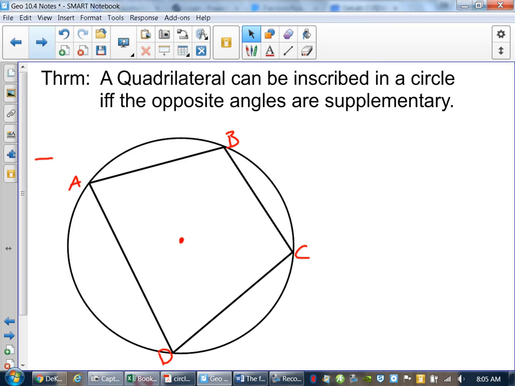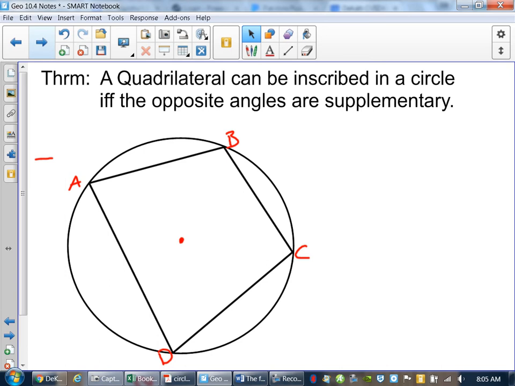Whenever you take a quadrilateral, how many sides does a quadrilateral have? 4. Any 4-sided figure you can fit into a circle, if that happens, those opposite angles will always be supplementary. Always, always. Supplementary means they add up to equal how much? 180.